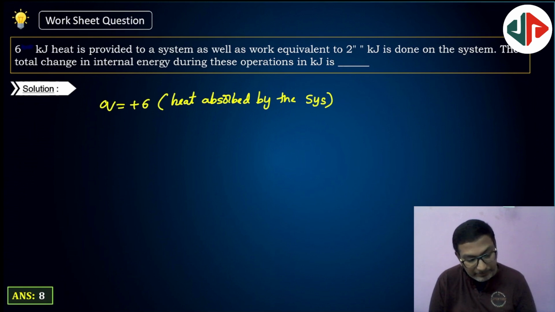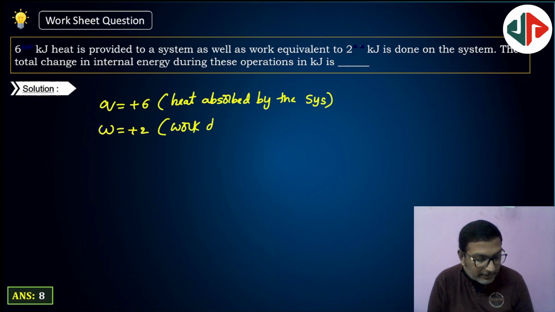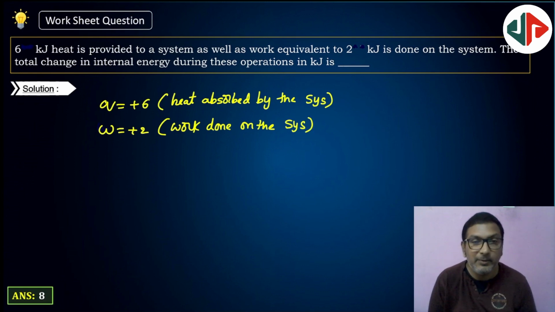And work equivalent to 2 kilojoules is done on the system. Therefore, W can be plus 2. Work done on the system will be positive.